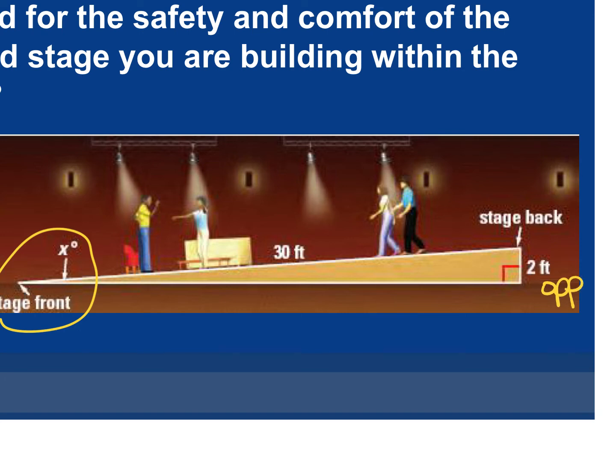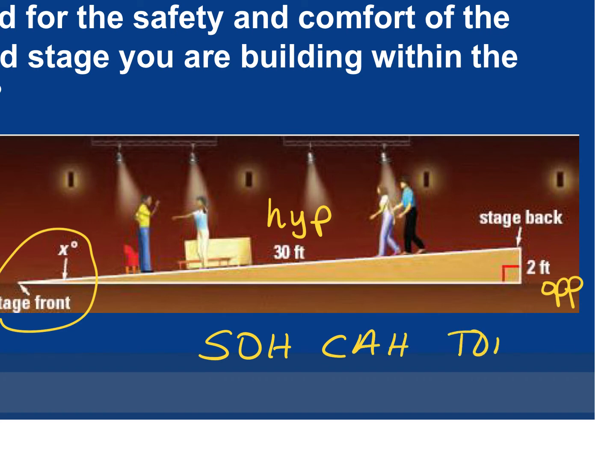And then the 30, notice it's across from the 90, this is my hypotenuse. So I need to write down my SOHCAHTOA here and figure out which trig ratio uses opposite and hypotenuse. And I can see that I'm going to be using sine.